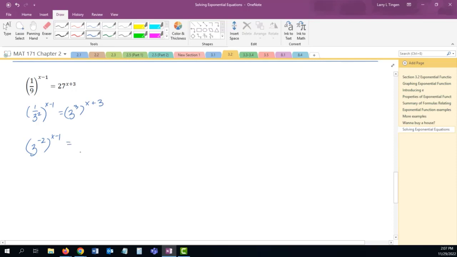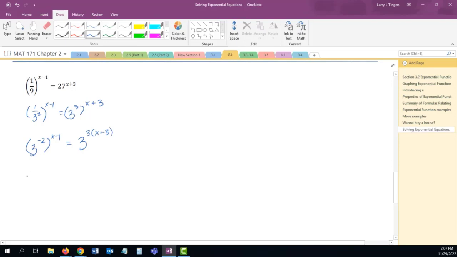And then 3 cubed raised to the x plus 3 is 3 times 3x plus 9, right? Power raised to a power means you multiply. On the left, tell you what, let's do both in one step. That's 3 raised to the 3 times x plus 3, and then distribute on both sides.